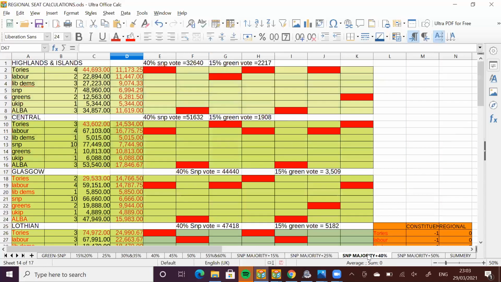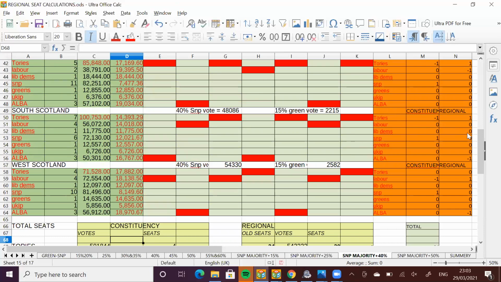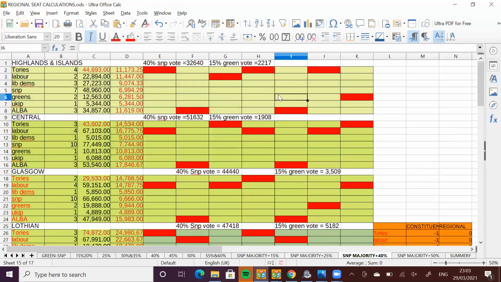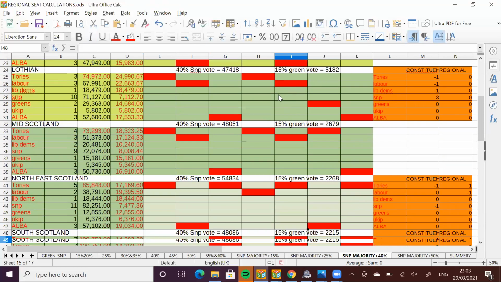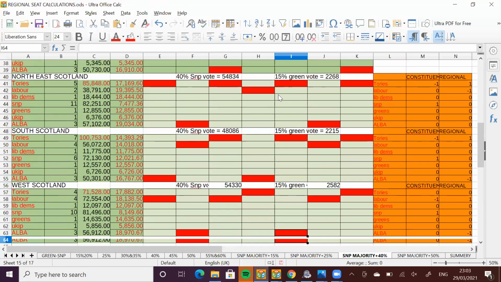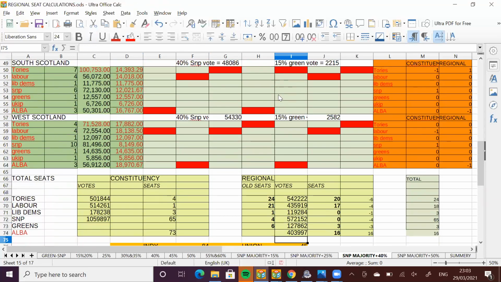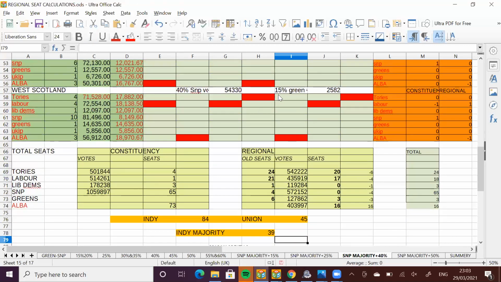And if we go to 40%, we get an Indie majority of 39.